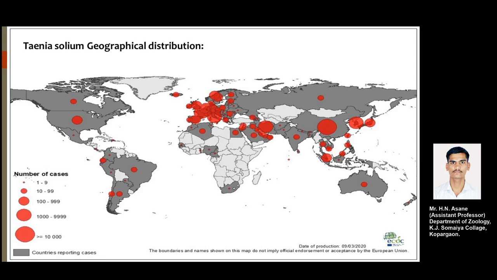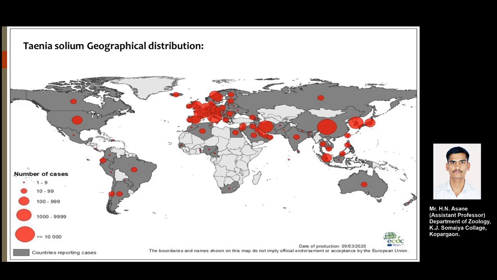The infection is abundant in Yugoslavia, Czechoslovakia and other Slavic countries, and Germany, and in some parts of India, the northeast and middle India, where these infections are reported in humans.